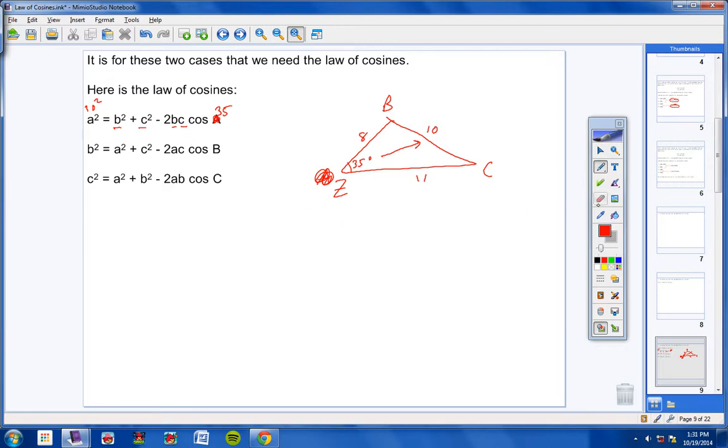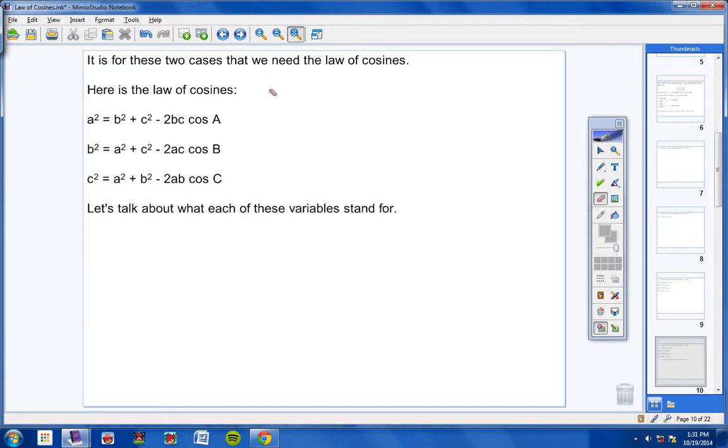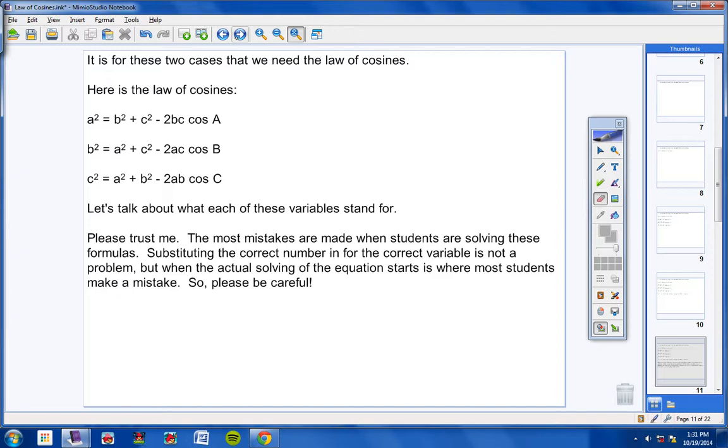Okay, let's practice some of these, see if we can help you understand this a little bit, okay? All right, here we go. Now, please trust me on this. The most mistakes are made when students are solving these formulas. It's not made when you're substituting the correct number in for the correct variable. That's usually not a problem, okay?